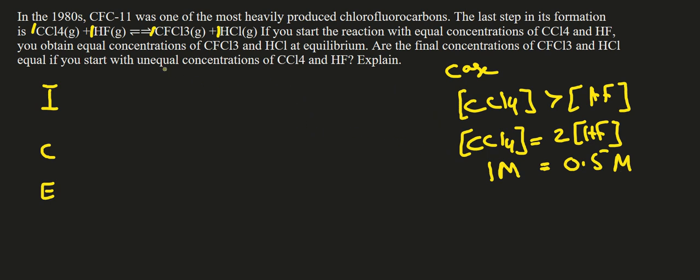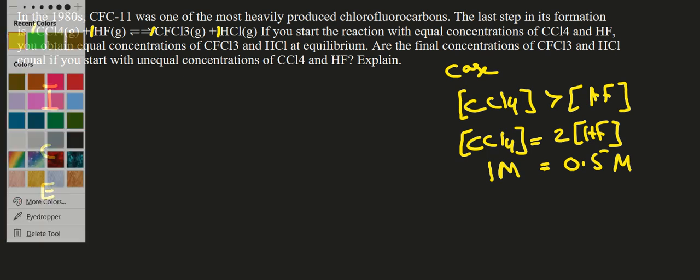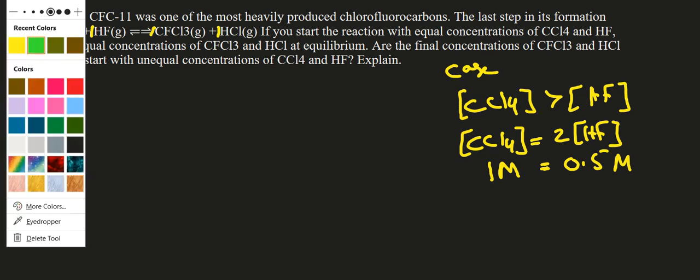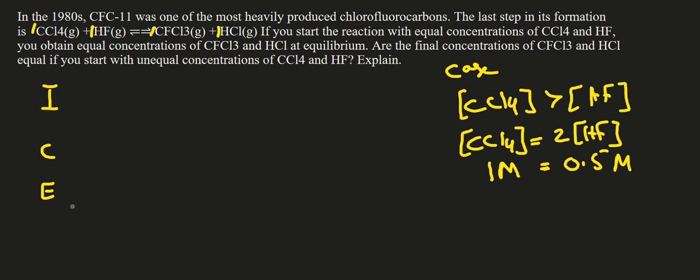So go to the ICE table, and we write the species or the reagents. We should write them in the top, but you can write them in the bottom. So let's start.